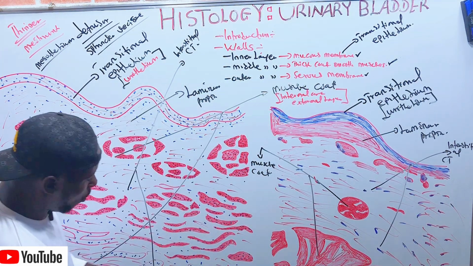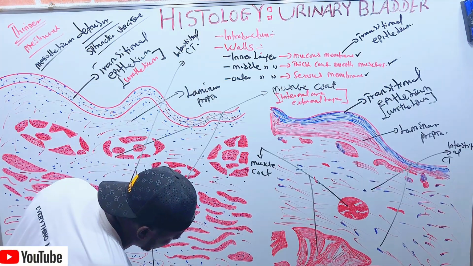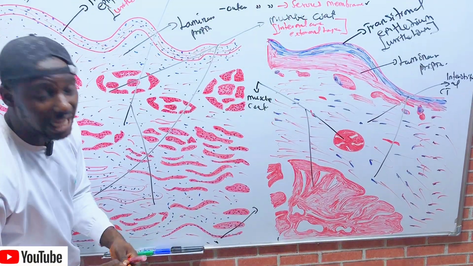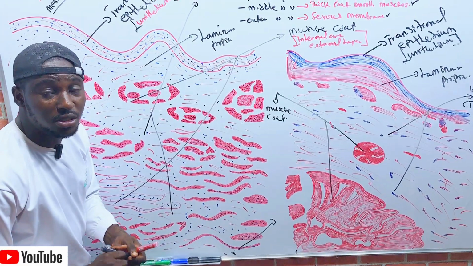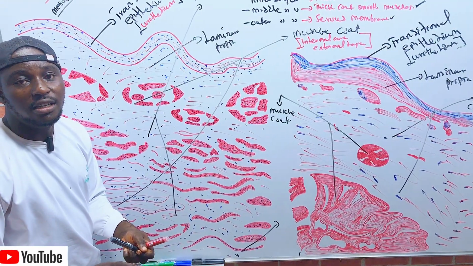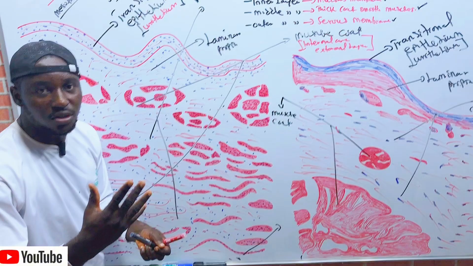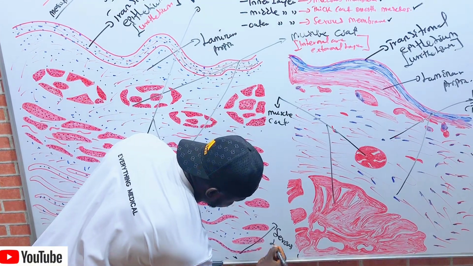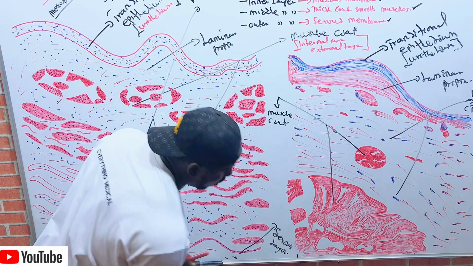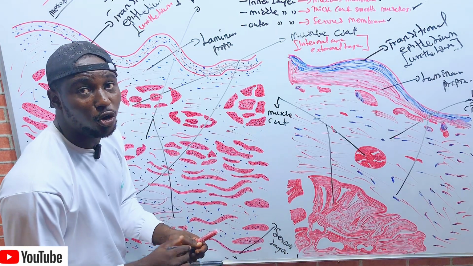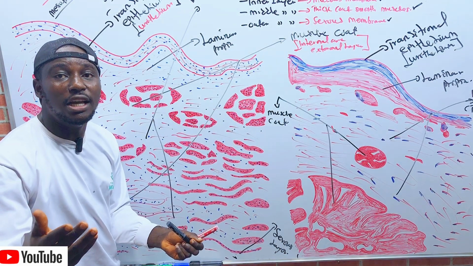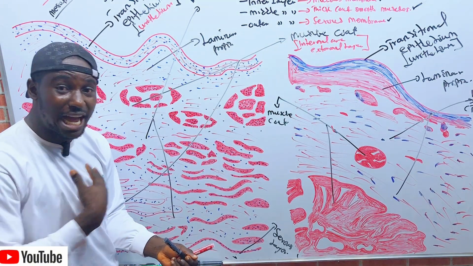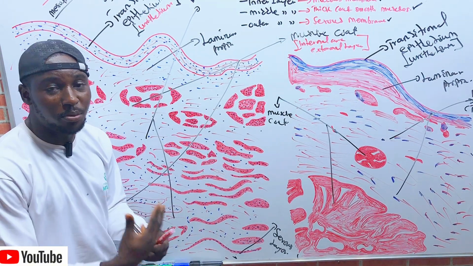Right? So watch here. This is the outer layer of the urinary bladder, which is being formed by the serous layer. Recall that this serous layer is also the outer layer of the peritoneum, right? That is the peritoneal cavity, which houses the abdominal organs.